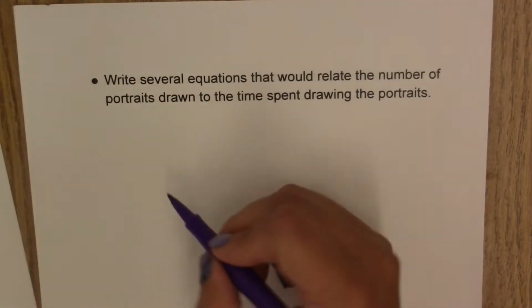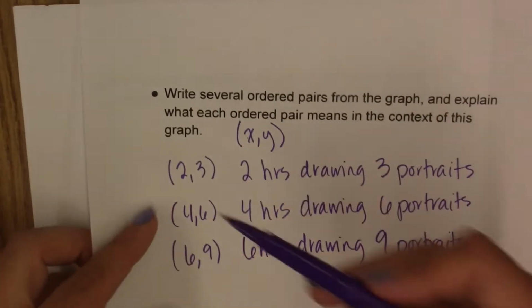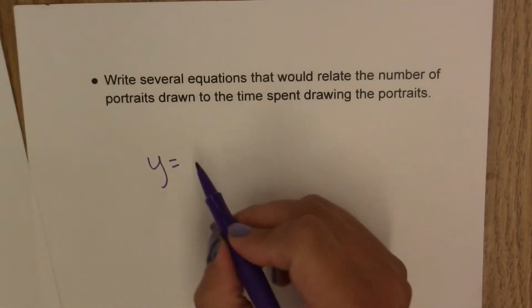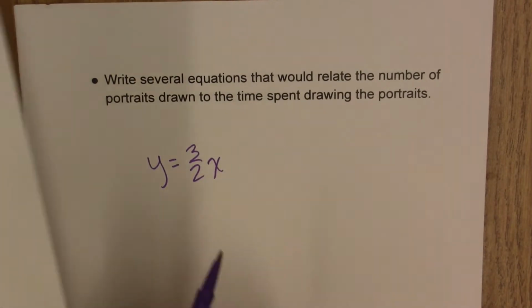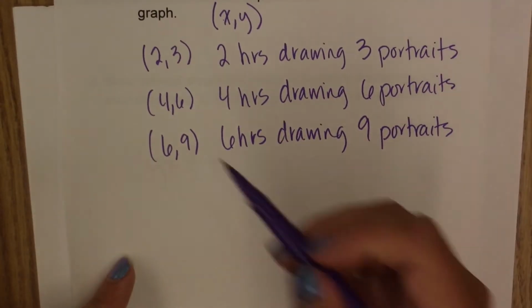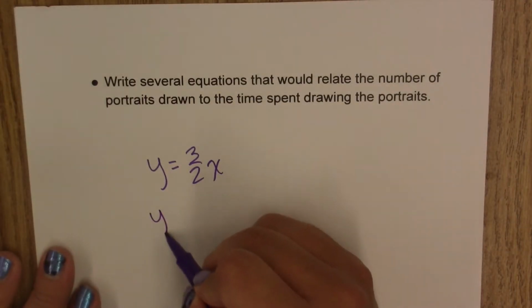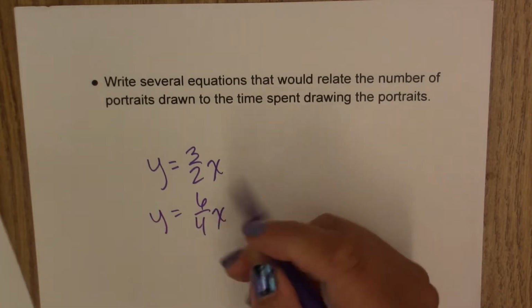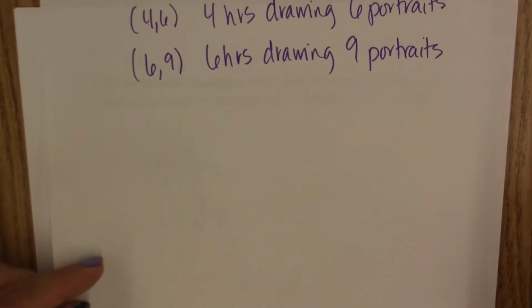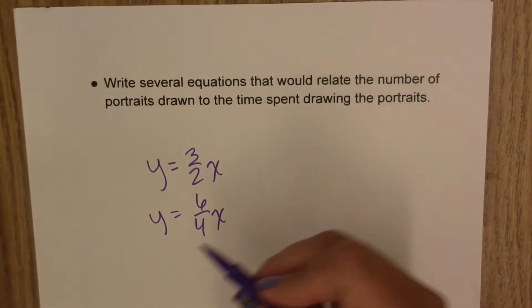So for this first one, it would be y equals 3 over 2 x. If we were to use this second point, it would be y equals 6 over 4 times x. And then on this one, y equals 9 over 6 times x.